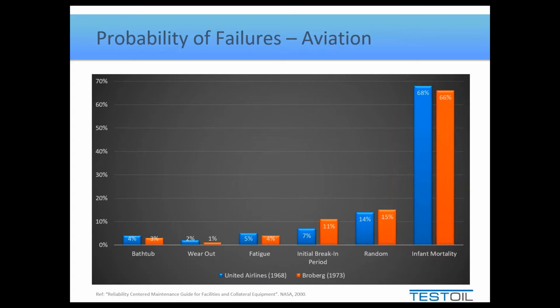What they did find, though, was some would fit the initial break-in curve, and some fit the random curve. But by and large, as you can see, most of their failures, they felt, could be classified under the infant mortality or the early curve. And that was quite remarkable because that really changed how people thought of things. I mean, we started with the wear-out curve, then we added in the random and the infant mortality.